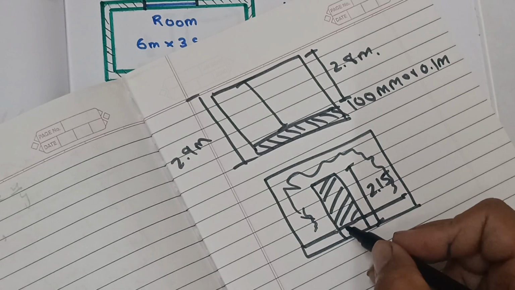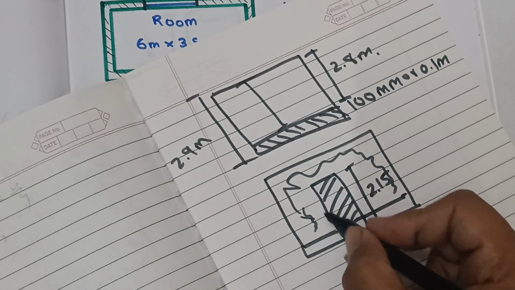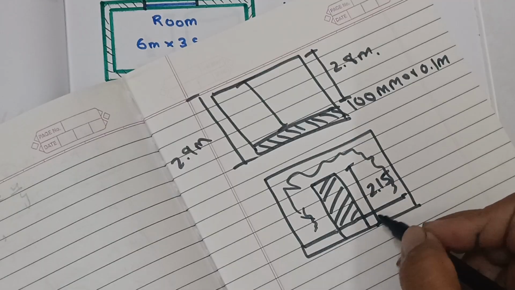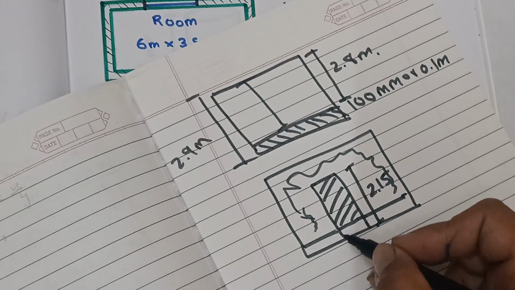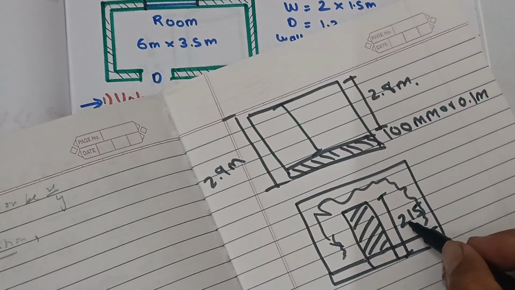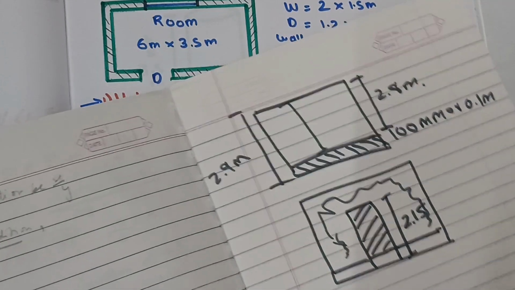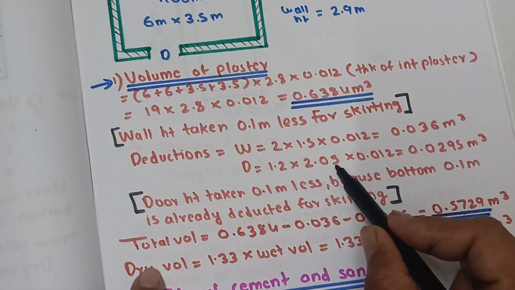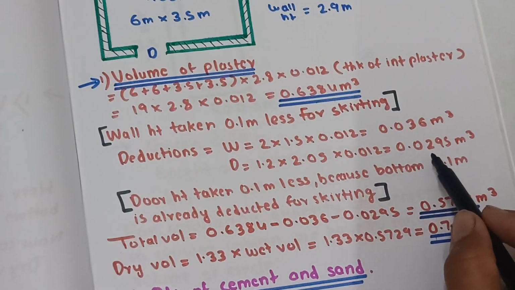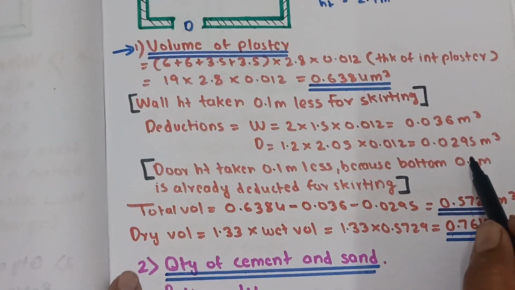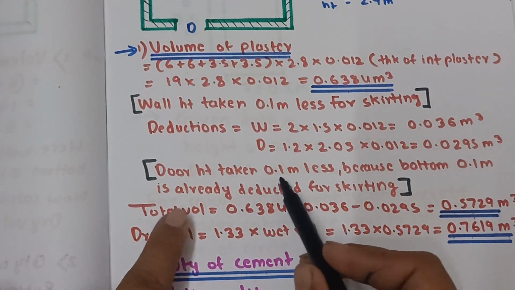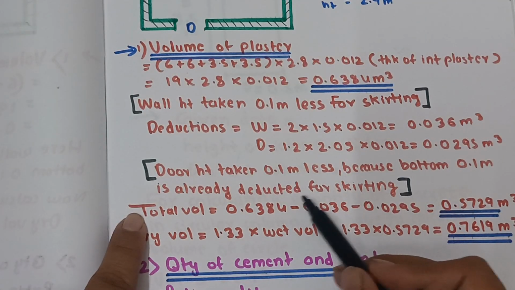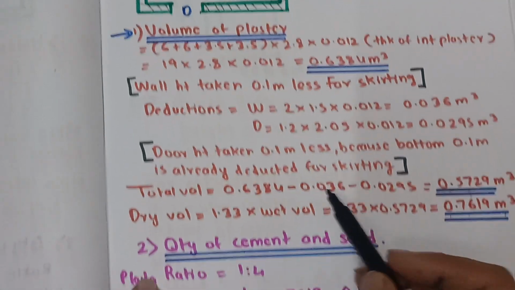Therefore we deduct only this part of the door because we have not taken the bottom 0.1 meter height. So 2.15 minus 0.1 is 2.05. We get 0.0295 m cube. Door height is taken 0.1 meter less because the bottom 0.1 meter is already excluded for skirting.